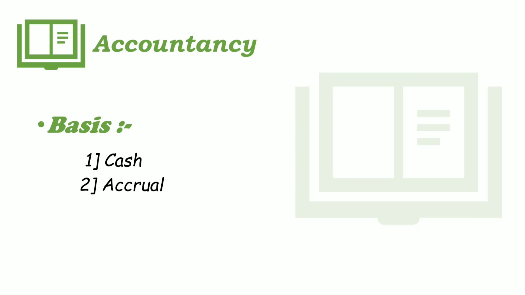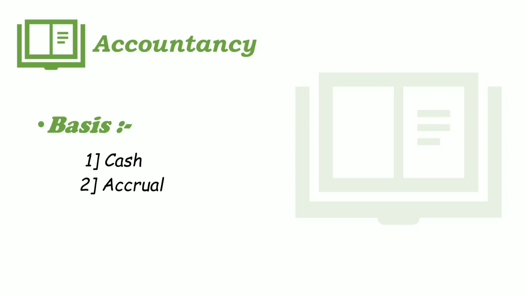What is the accrual basis? The transaction is done but no actual cash or cash equivalents are exchanged. Like I have sold goods but the customer has not paid me immediately. The customer has asked me for a time period of 8 days for payment. So the transaction is not cash in nature, it is credit in nature. I have accrued that particular amount but I have not received it.